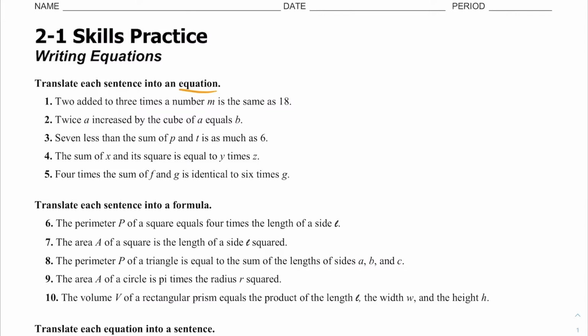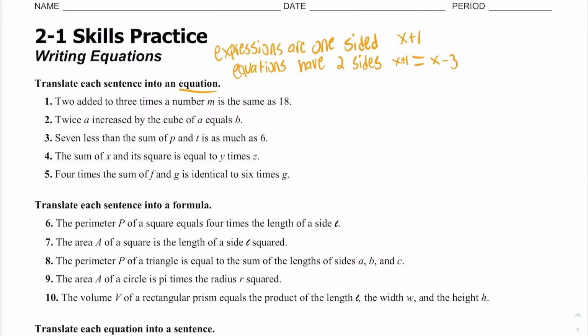So the difference between an expression and an equation is that expressions are one-sided, while equations are two-sided. An expression would just be x plus 1, an equation would be x plus 1 equals x minus 3.